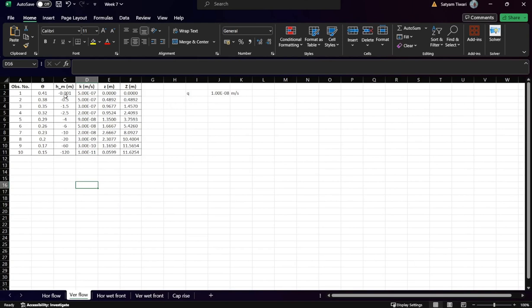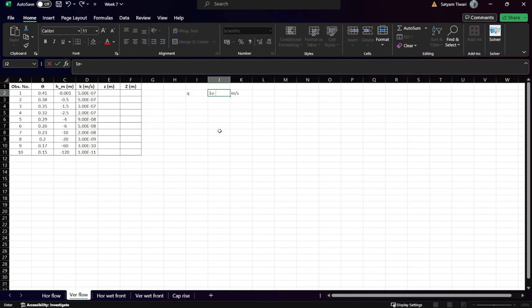And here I've already noted down the data of these theta, hm, and k. And we need to determine the values of z. Okay. So for that, the value of q is provided as 10 to the power minus 8. So I'll write 1e minus 8. That's going to be 10 to the power minus 8.